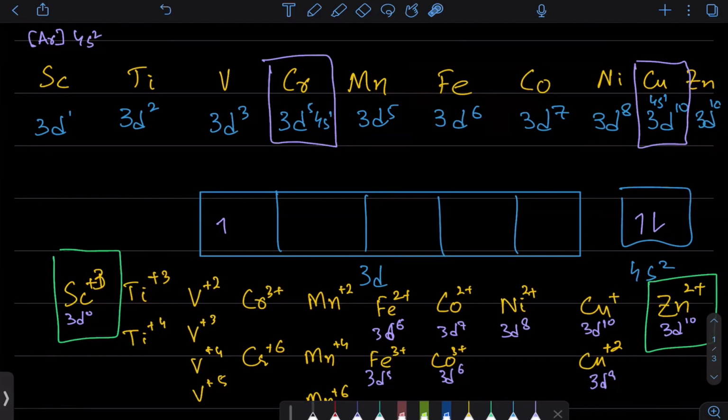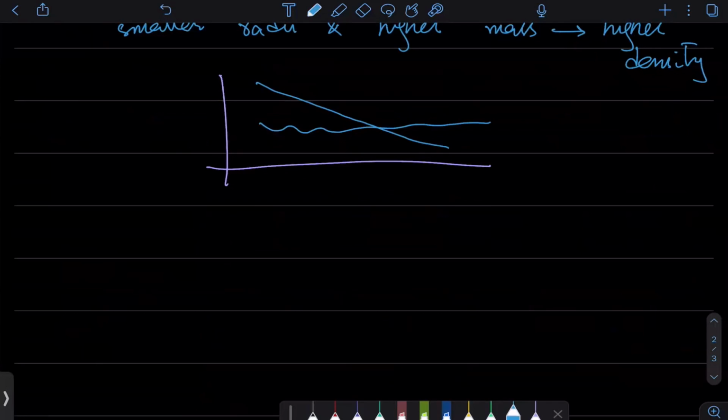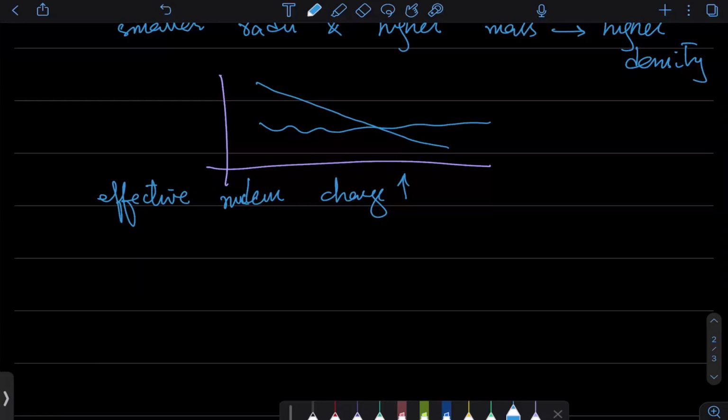And at the same time, you're adding more protons, which are adding more strength to the atom, the effective nuclear charge. So the effective nuclear charge increases, and electron pair repulsion also increases.